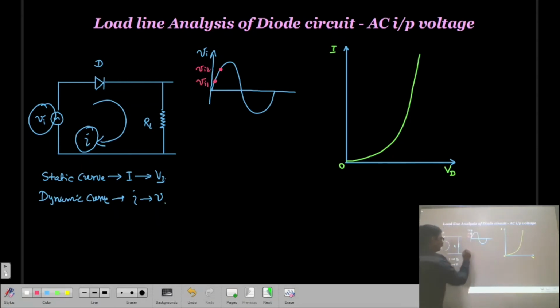Correct? So for this Vi1, as we have discussed, the x point will be Vi1 and 0.